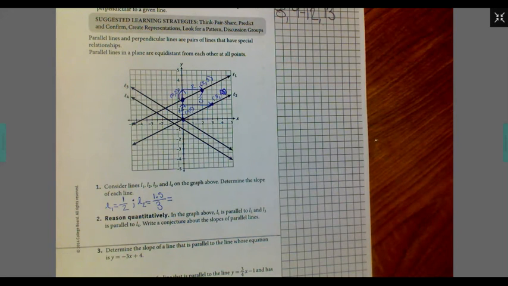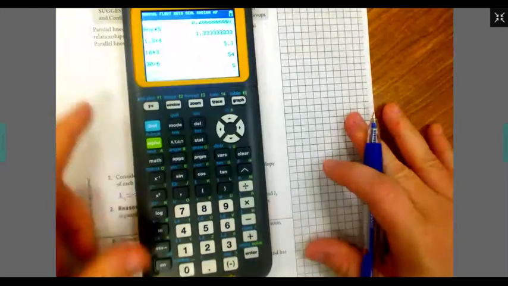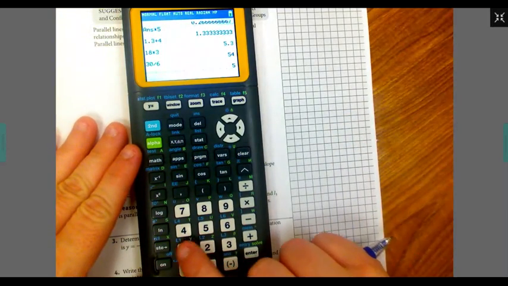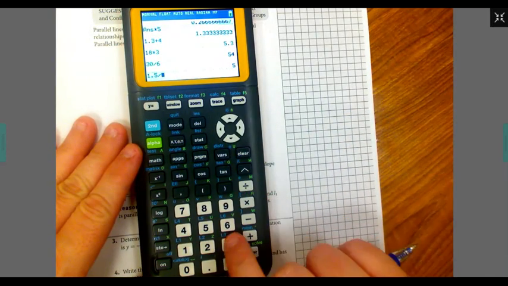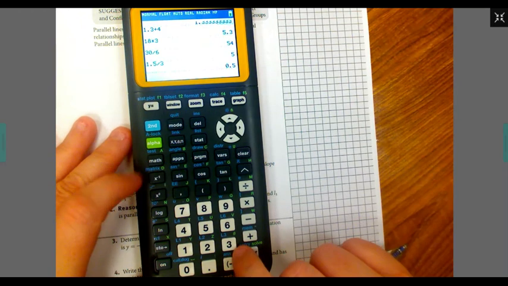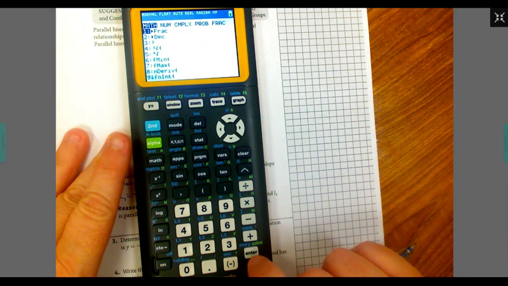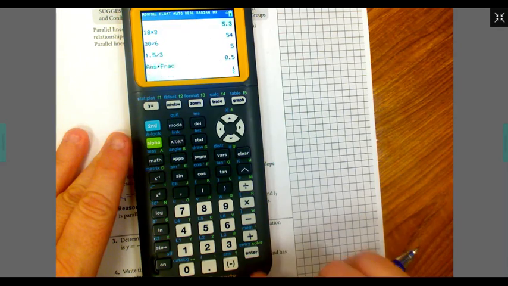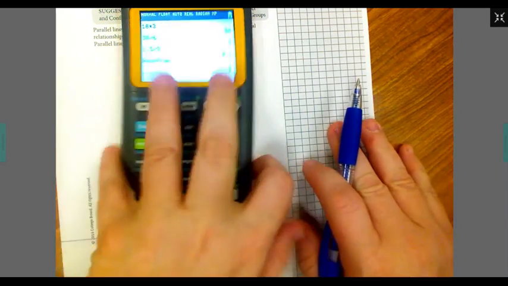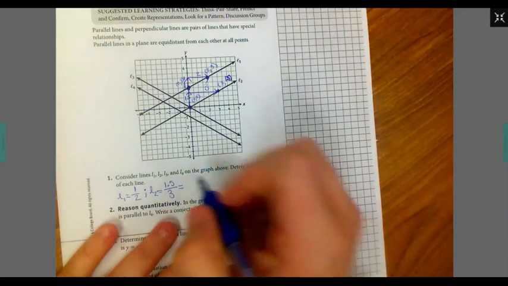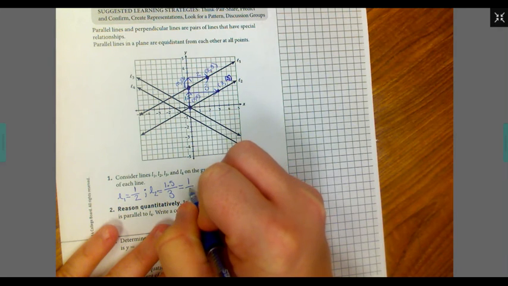Let's see if that reduces to anything, because I don't really care for that decimal inside a fraction. So we're going to do 1.5 divided by 3, and choose that first option to give myself a fraction: 1 over 2. So up 1 over 2.